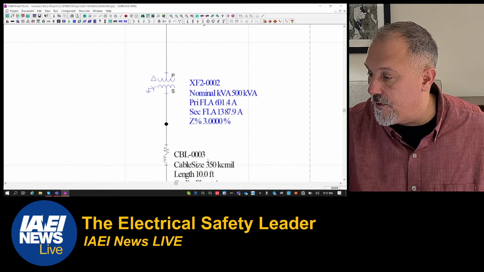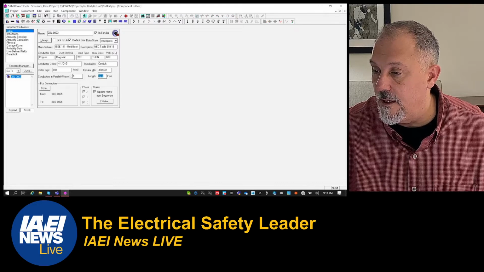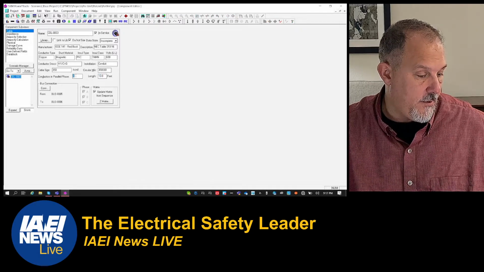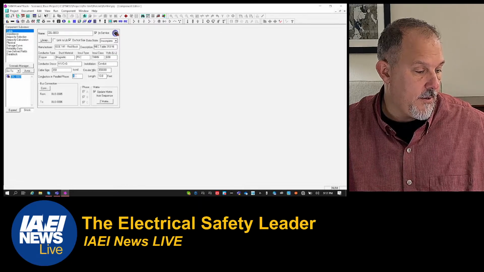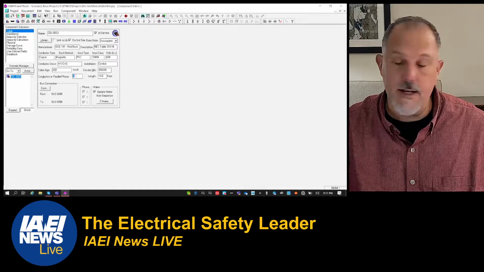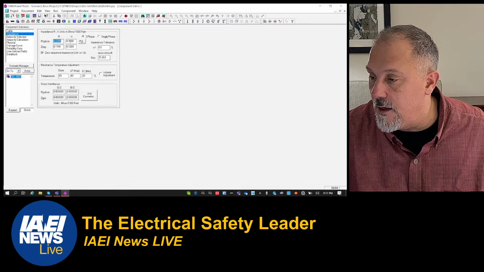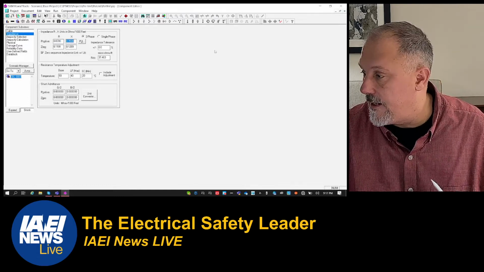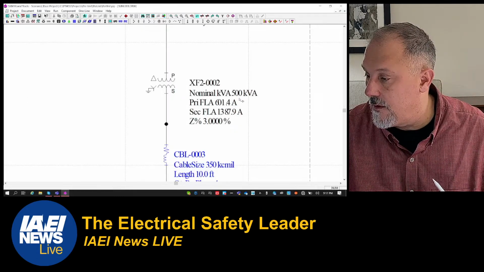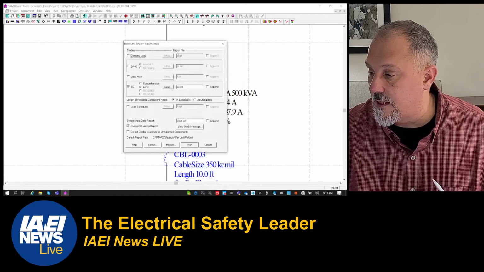And then I go to cable 3. I got 10 foot. So there's my 10 foot. I have 4 conductors in parallel, and it should be 0.039 and 0.050. I go to impedance, 0.039, 0.050. Looking good. All right, and that should be it. I'm going to do a Control A and rerun the study.